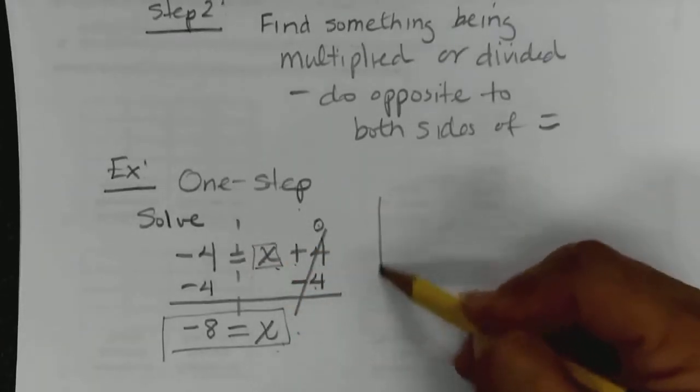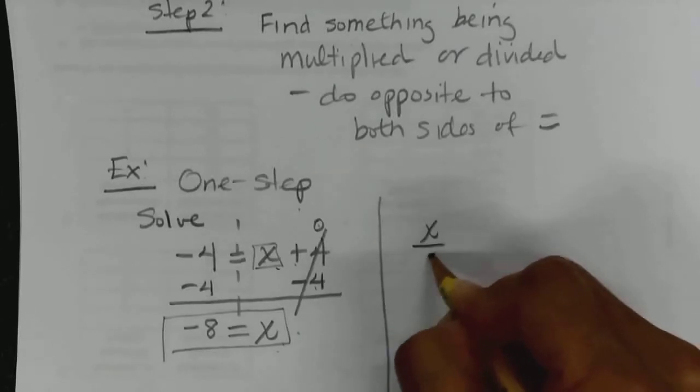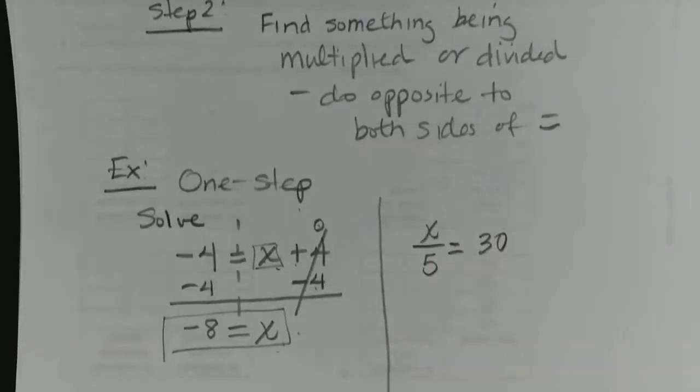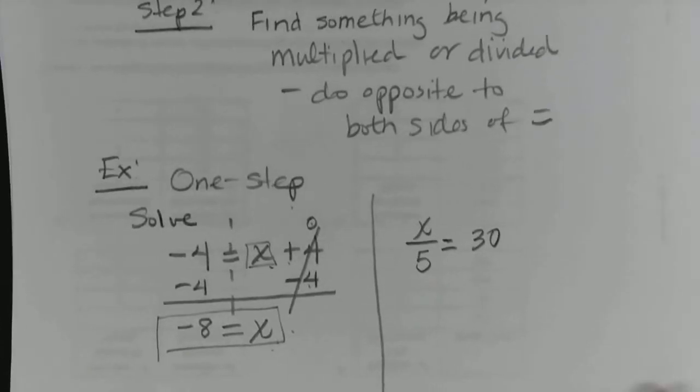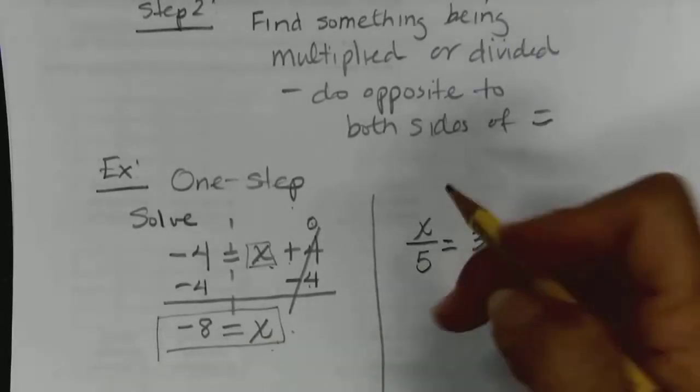Let me give you another example. Ready? I got x over 5 is equal to 30. Now, we're going to go back to step 1. Is something being added or subtracted? No. It's division.